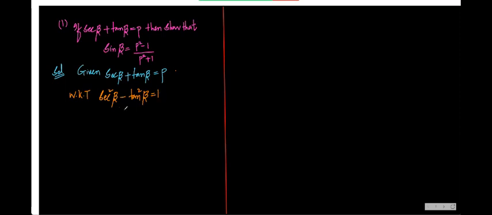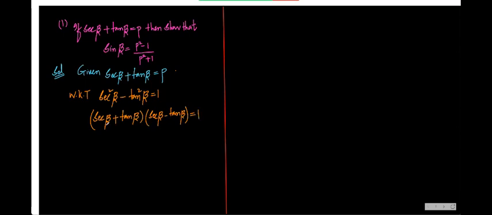It is in the form of a square minus b square. How to write? a plus b into a minus b. That is, sec beta plus tan beta into sec beta minus tan beta is equal to 1.